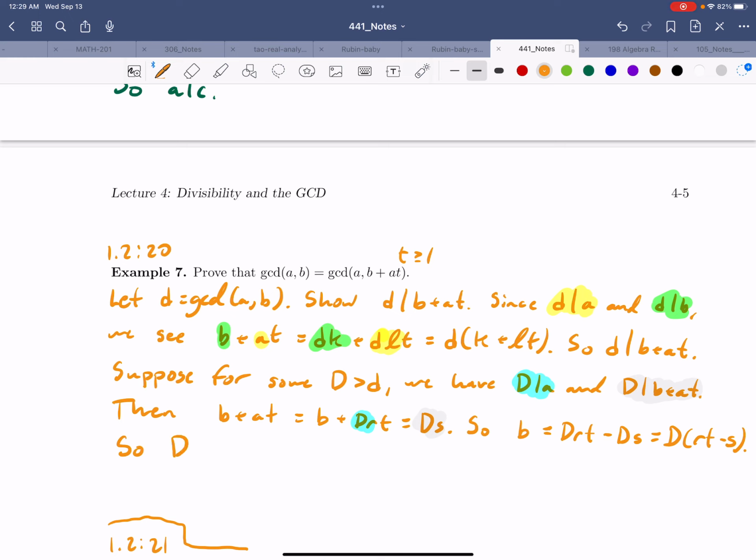Because that means that D divides B. But we said that little d was the greatest common divisor of A and B. So since D divides A and D divides B, this means little d does not equal the GCD of A and B. And of course that's a contradiction.